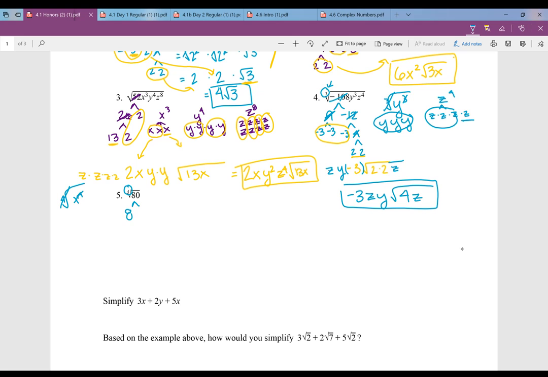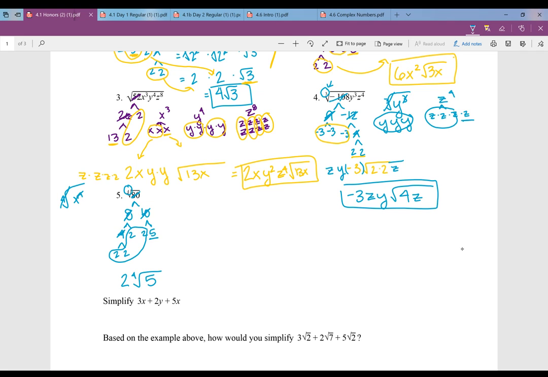Well, we could do 8 times 10. 8 is 4 times 2. 4 is 2 times 2. And 10 is 2 times 5. Now 5 won't break down anymore, but we do have a group of 4 2's. So that means we can pull 1 2 out, and then our 5 is going to stay under the fourth root.